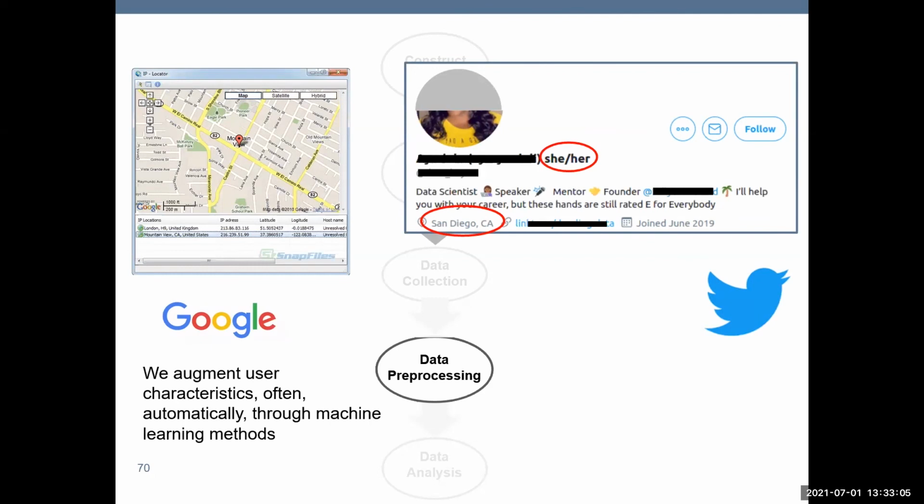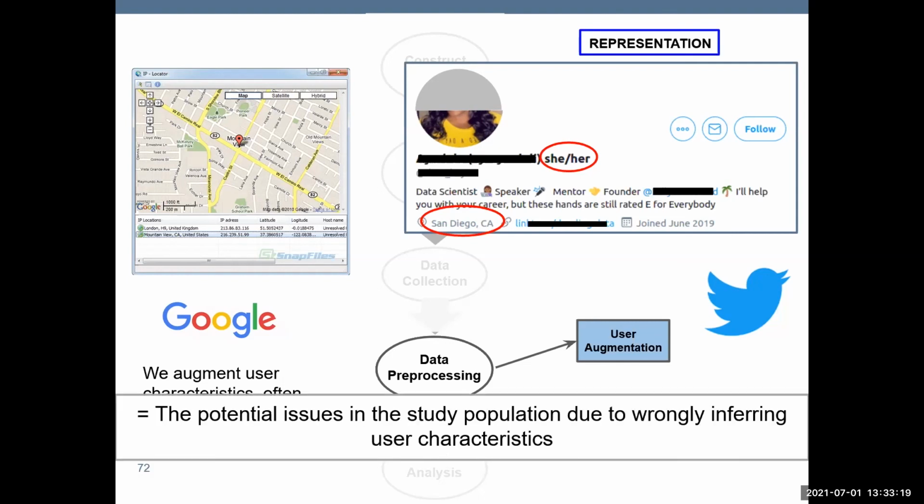And when we use machine learning methods, they aren't perfect, they have issues, they are often also biased against certain populations. And this is what is typically called a user augmentation issue, which is that when we wrongly infer the user characteristics, we are again misrepresenting our target population and running into a representation error.